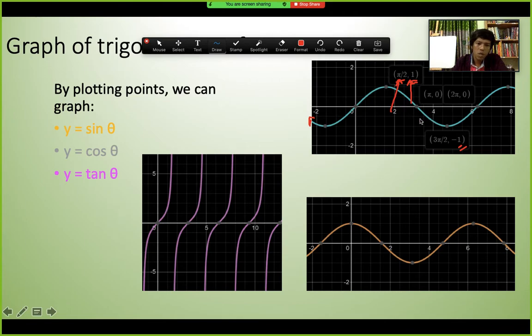Okay, and this one also you can see the values. This is the cos function. Sine 0 degree equals 0, sine 90 degree equals 1.